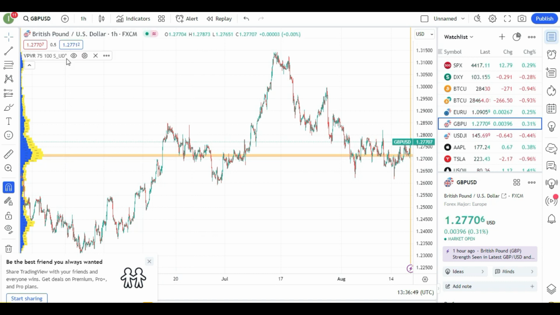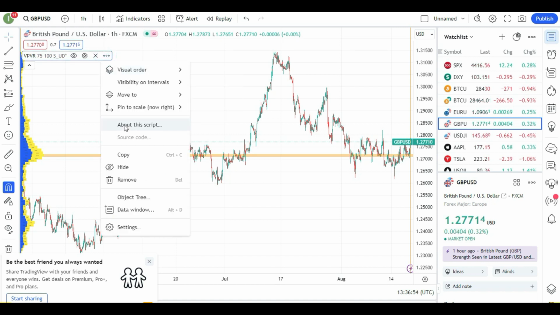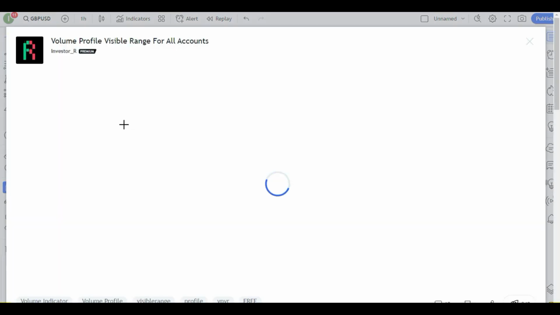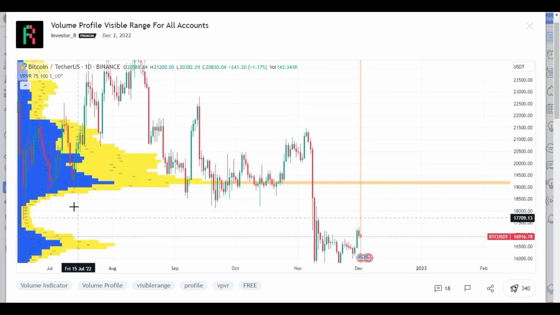If we go here where this indicator is and choose about this script, you will get this screen. On this screen, for example, you see Bitcoin and you see how important the level 19231 is. So the $19,231 price level is so important, so strong.